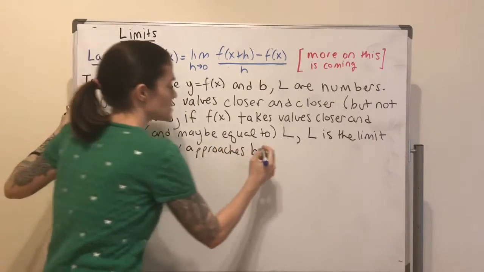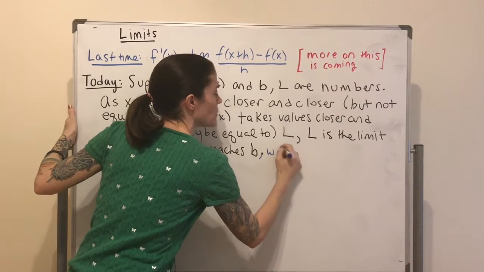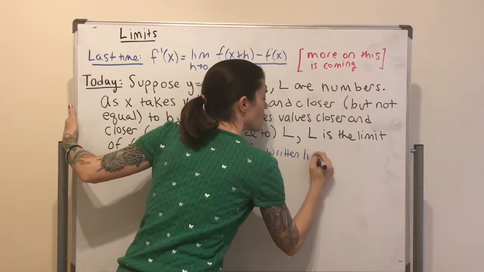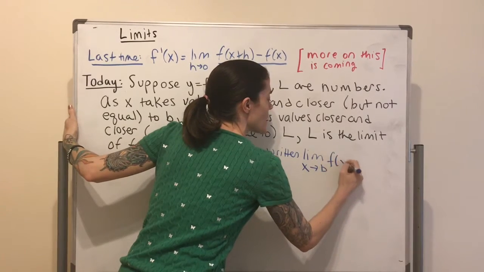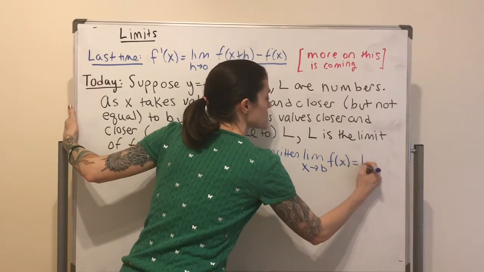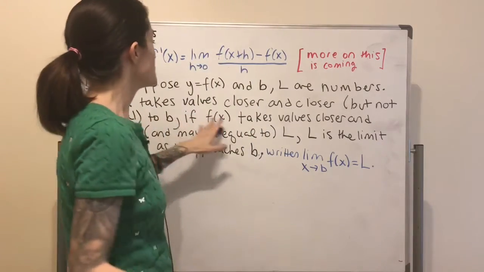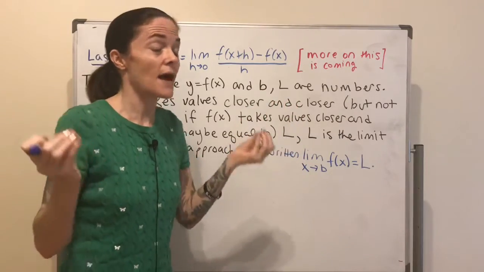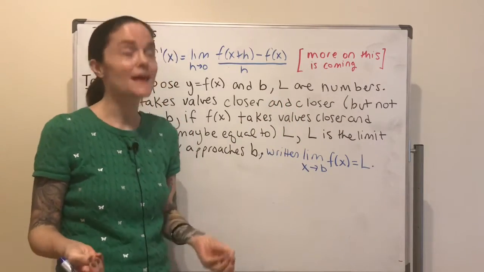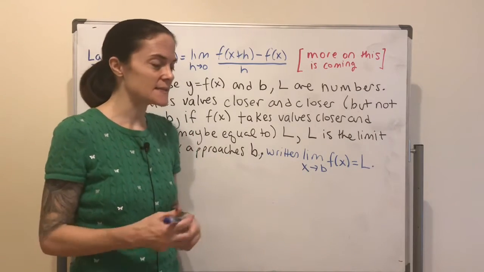And this is written, the limit as x approaches b of f of x equals L. Now, this is if f takes values closer and closer to this number L, then L is the limit. But we will see limits don't necessarily have to exist.